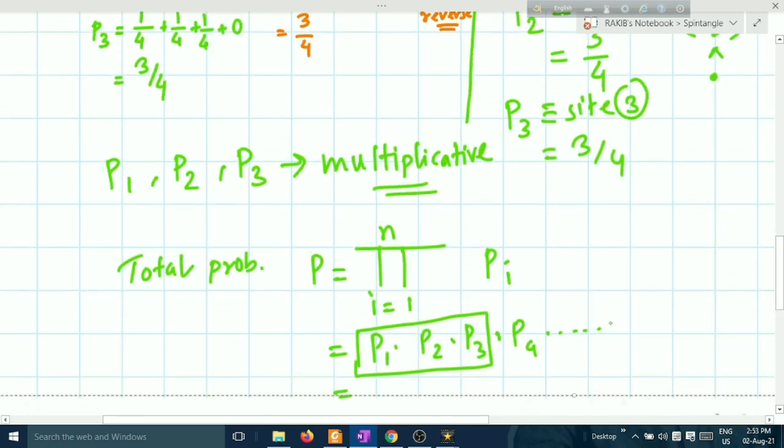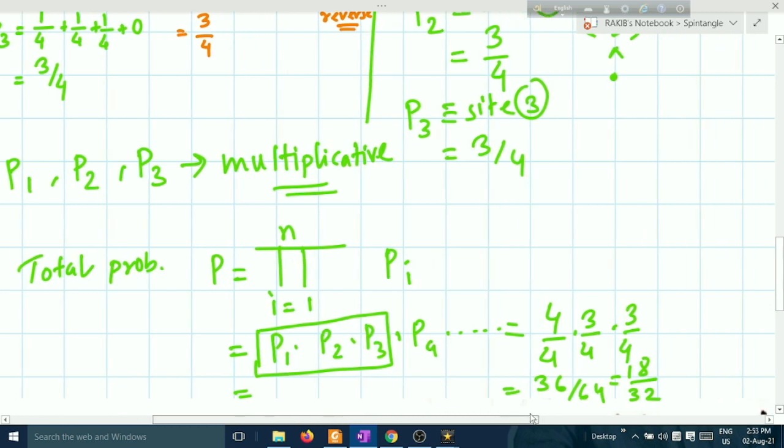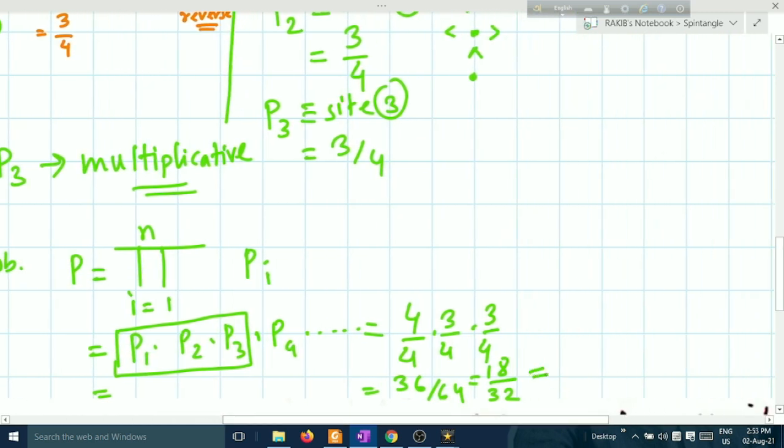P1 is 4 by 4, P2 is 3 by 4, P3 is 3 by 4. This means it becomes how much? 36 upon 64. 36 upon 64 means 18 upon 32. 18 upon 32 means 9 upon 16.